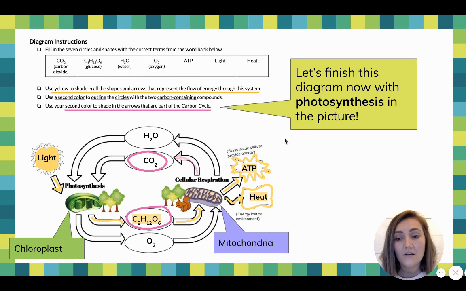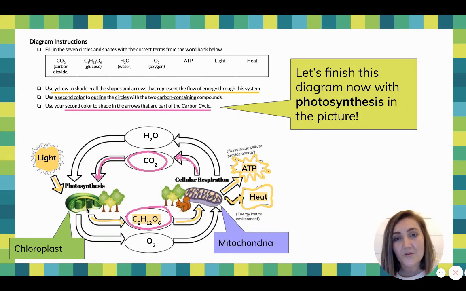Let's take a look. So the first thing that I'm going to do is we know that carbon dioxide is a product of cell respiration. It's a waste that is being released. And so that carbon dioxide molecule is going to then be used as the reactant to power photosynthesis. So I'm going to shade in these arrows going this way, pink, because that's showing that carbon is cycling from cell respiration as a product, and then it's going to be reused again as a reactant for photosynthesis.